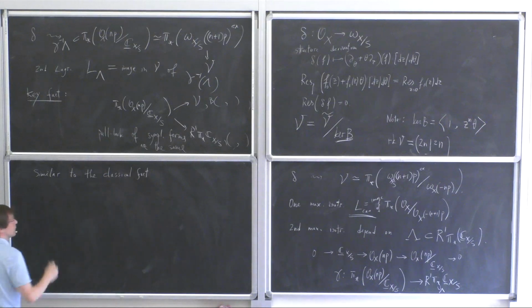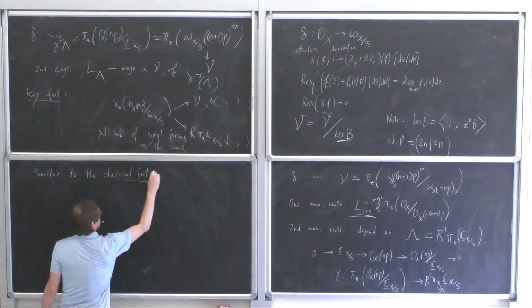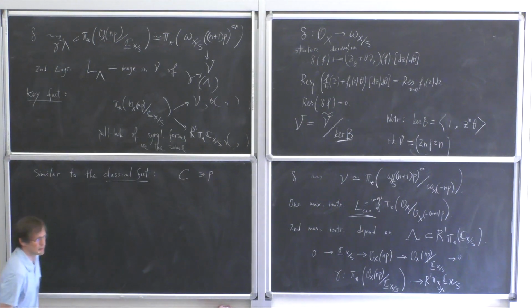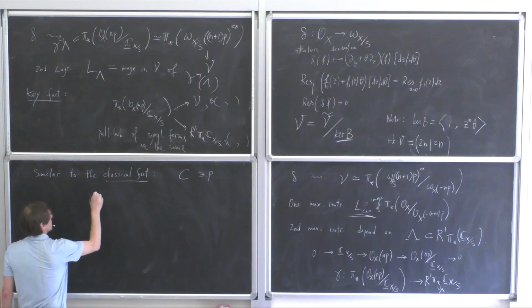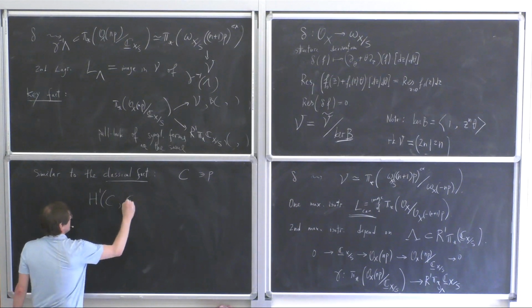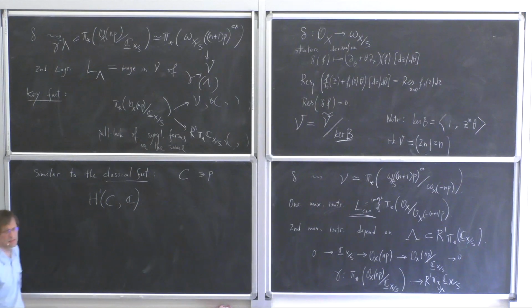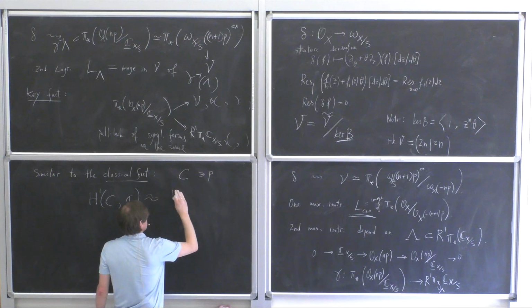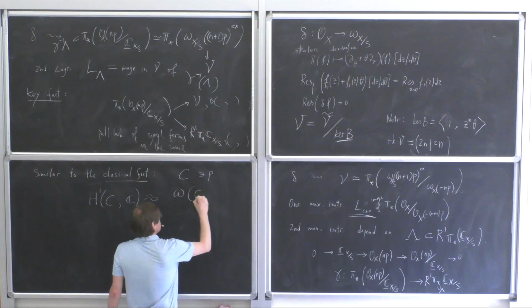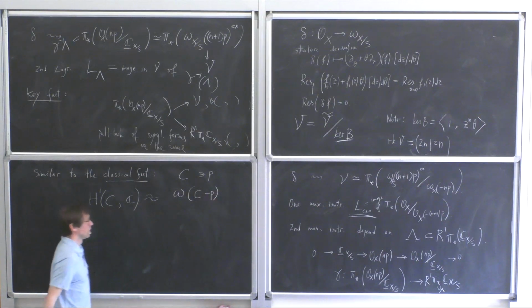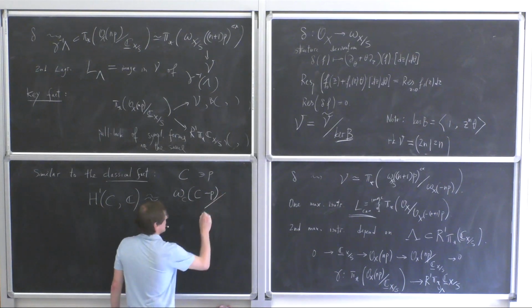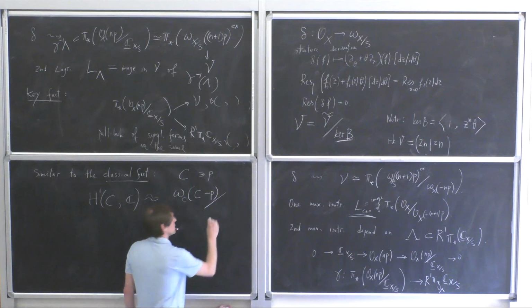So let's say you have a usual curve with a point, then there is an identification of complex cohomology H1 with the space of global differentials, possibly with pole at this point, and you mod out by exact differentials.